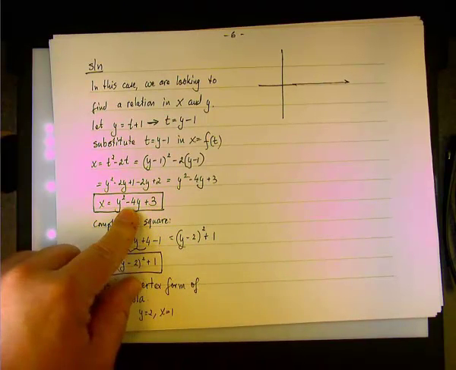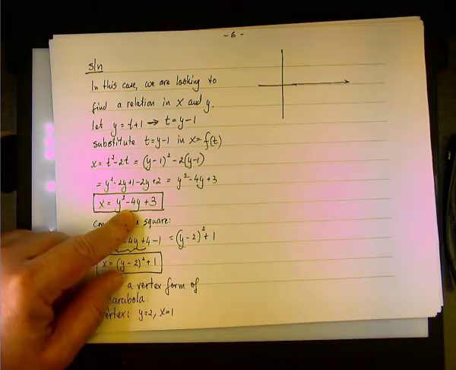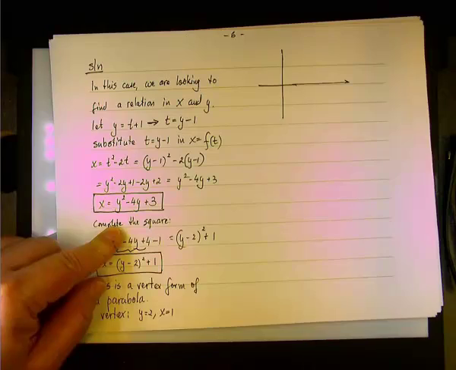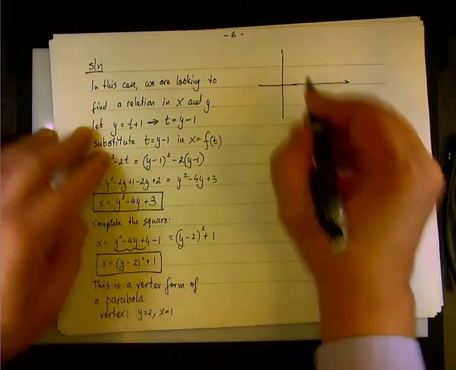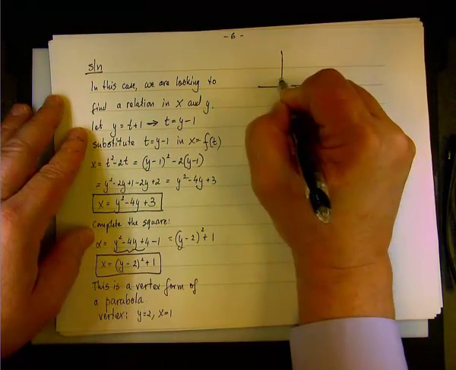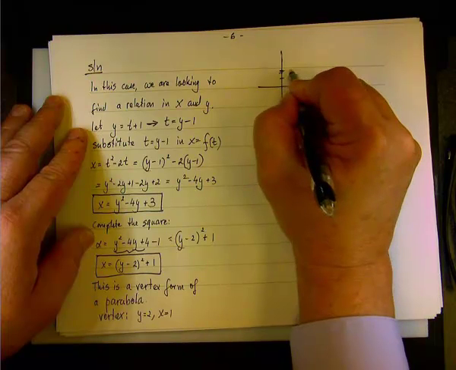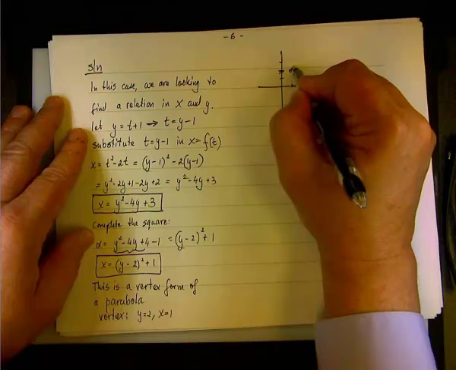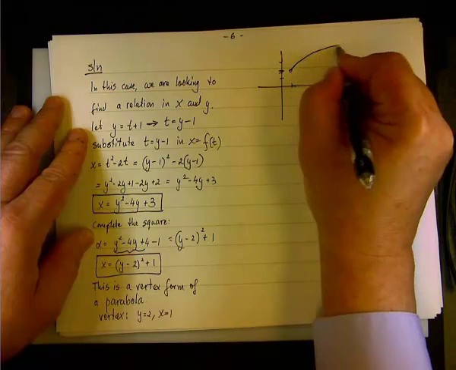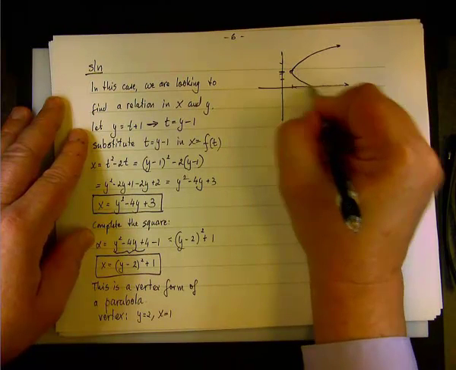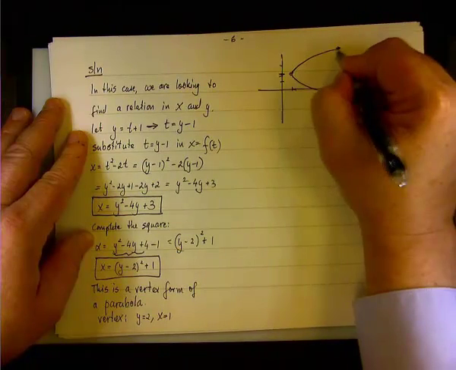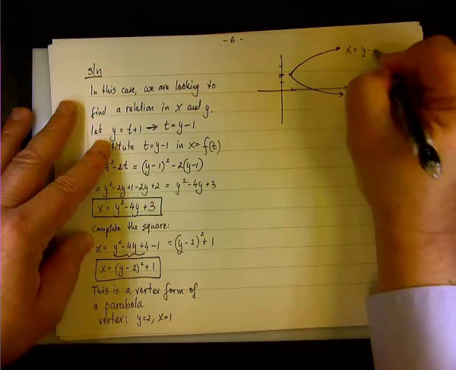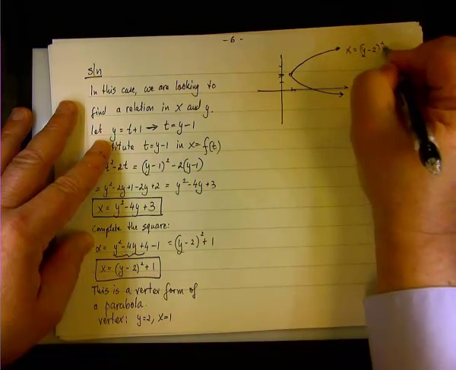By the way, what is the axis of symmetry? Well, it will be the y value of the vertex. The axis of symmetry will be y equals 2. You can see it from here. The axis of symmetry, if you remember, is negative b divided by 2a. So it will be negative 4 divided by 2 times 1. So it's y equals 2. So the vertex will be y equals 2, x equals 1, and the axis of symmetry is y equals 2.